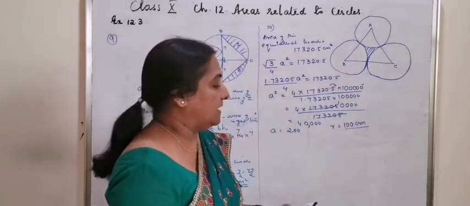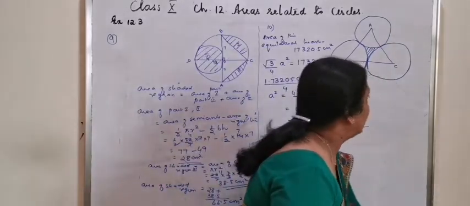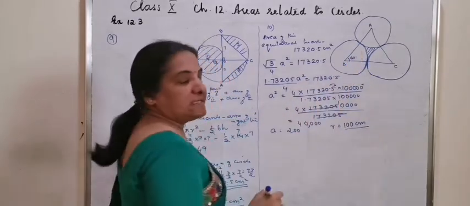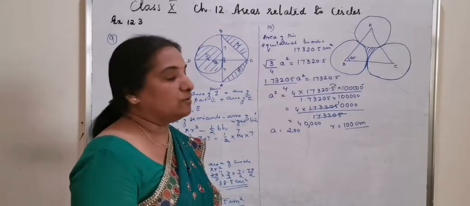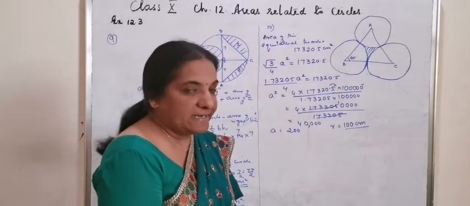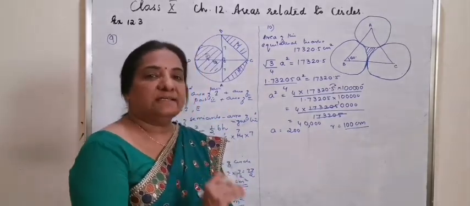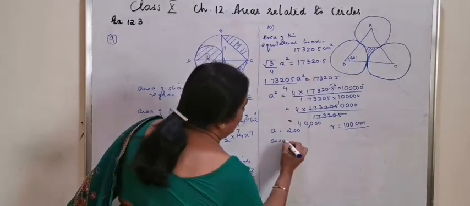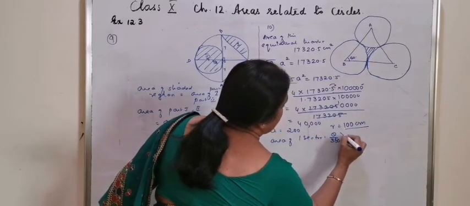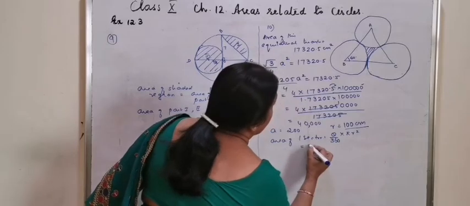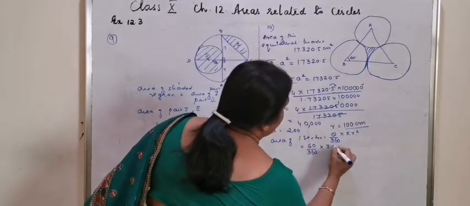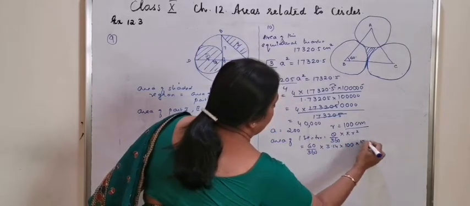And now you have to find out the area of the shaded region. There are 3 sectors here, and since it is an equilateral triangle, the sector angle is 60 degree. Let's find out the area of 3 sectors. How do you find the area of the shaded region? Area of triangle minus area of 3 sectors. Let's find the area of one sector: theta by 360 into pi r square, which is equal to 60 by 360 into 3.14 into 100 into 100.